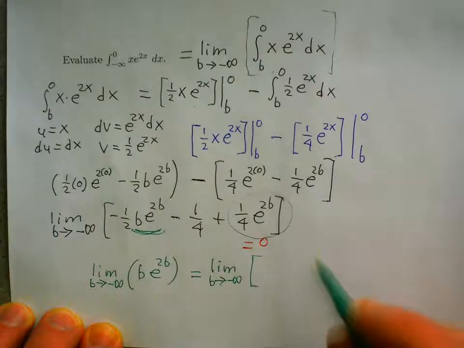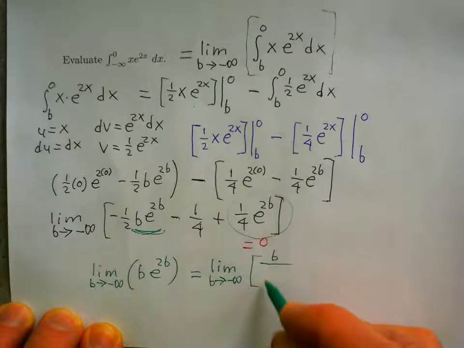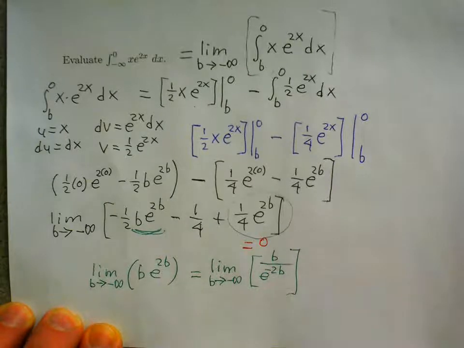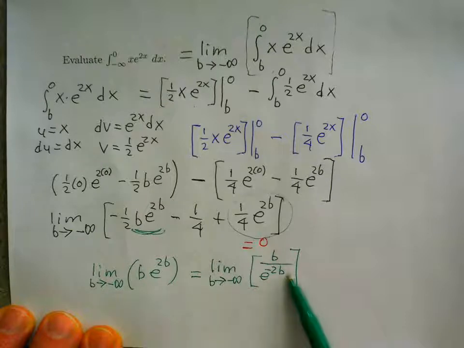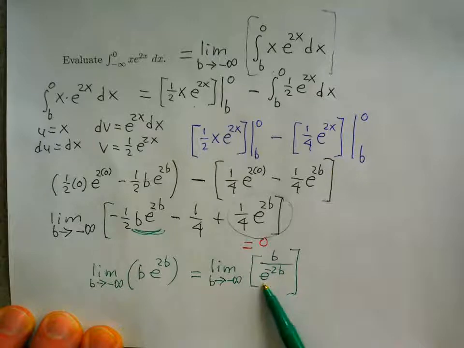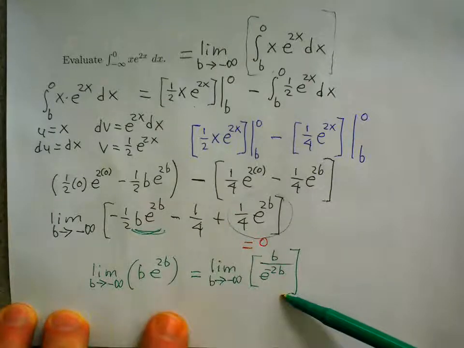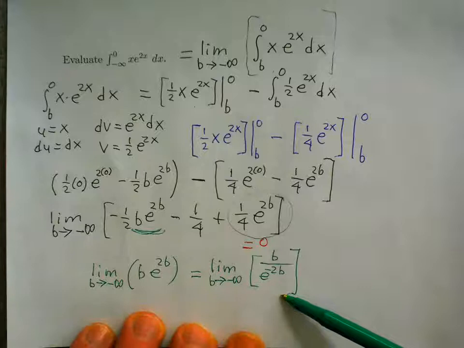We can write this as b over e to the negative 2b, just using a property of exponents. Okay, so if b is negative, negative 2 times b is positive, and so as b approaches negative infinity, the denominator approaches e to the infinity, or infinity. So now we have infinity over infinity, and L'Hopital's rule applies to that.